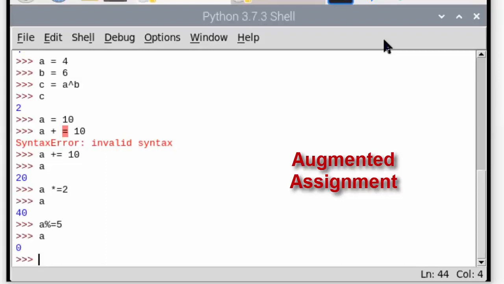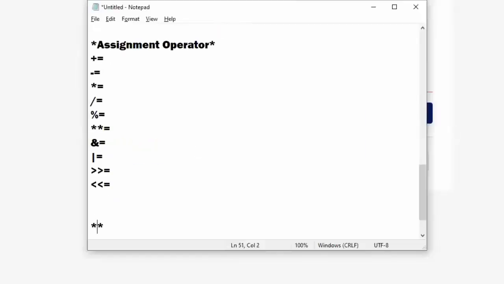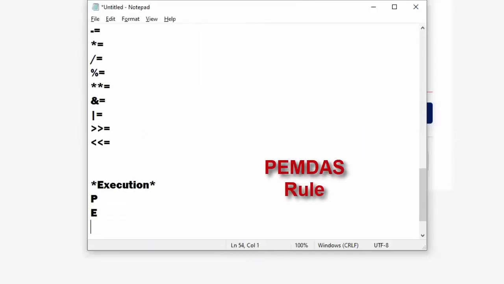Python also follows the BODMAS rule, but in Python they call it PEMDAS. It is parenthesis, exponential, multiplication, division, and then addition, subtraction. So Python follows BODMAS rules, and execution is like PEMDAS.